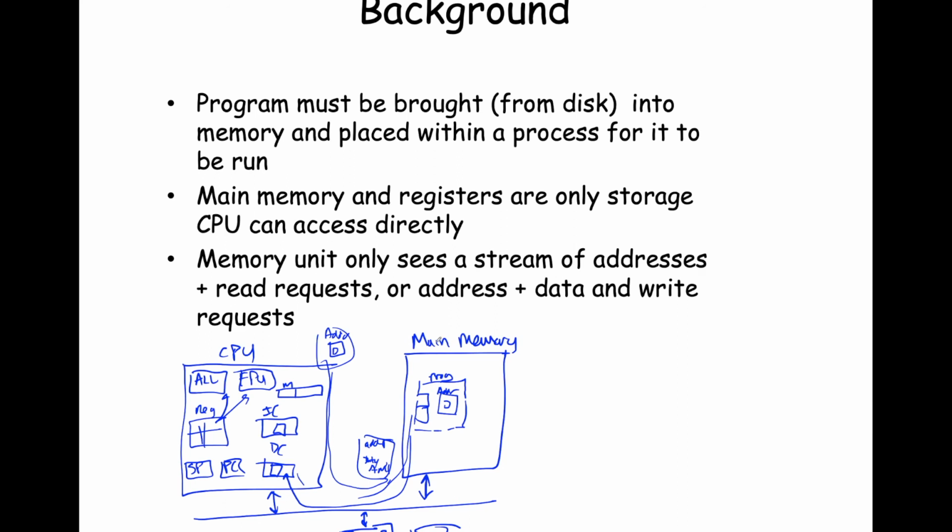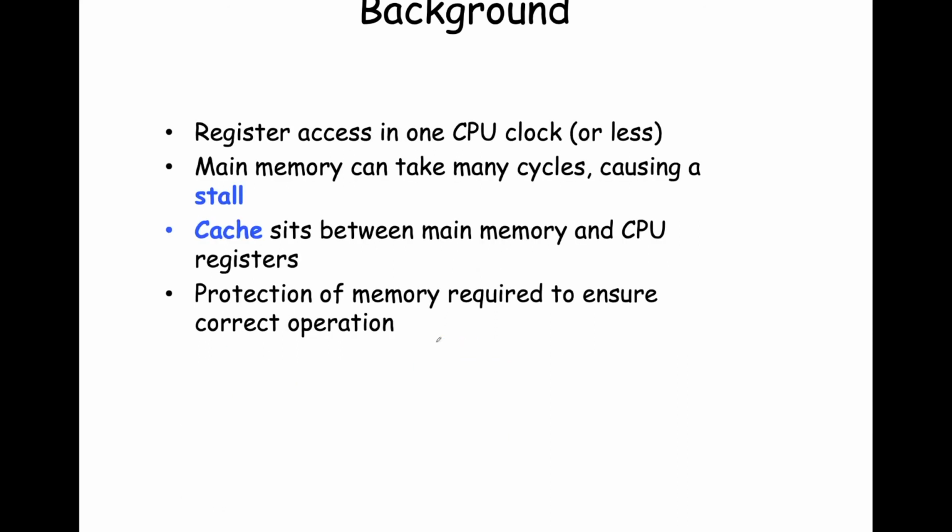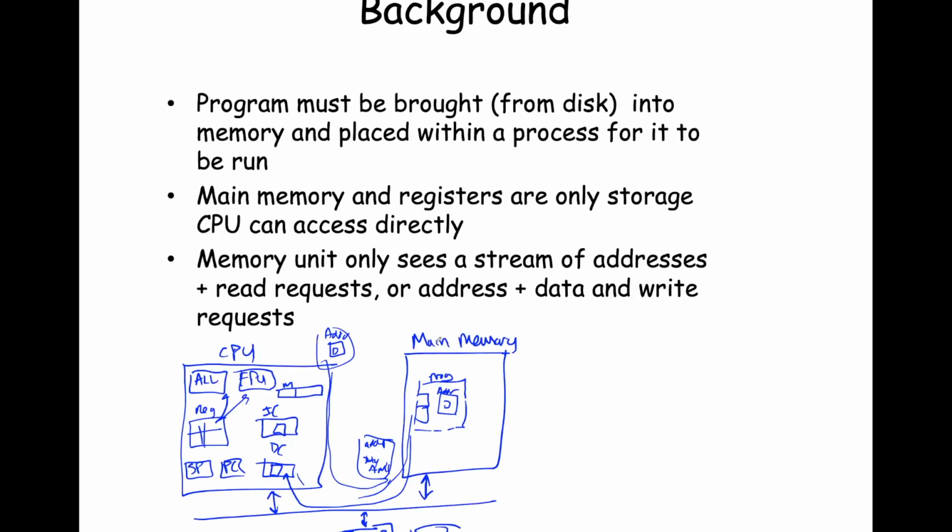It's really, really small for the access to that register, 1 clock cycle or less. Main memory, on the flip side, if we look at our von Neumann architecture, requires going over the bus to address this memory device and to get this data or to write data.